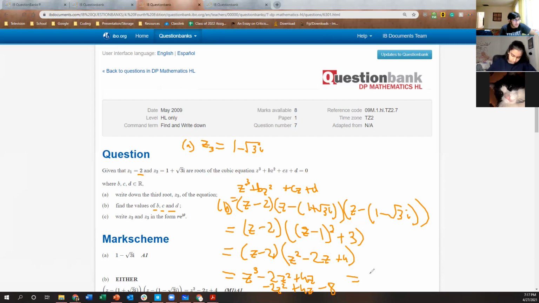So this is going to be z cubed minus 4z squared plus 8z minus 8. Well, now we know what B, C, and D are. B is equal to -4, C is equal to 8, and D is equal to -8. Does that look right?